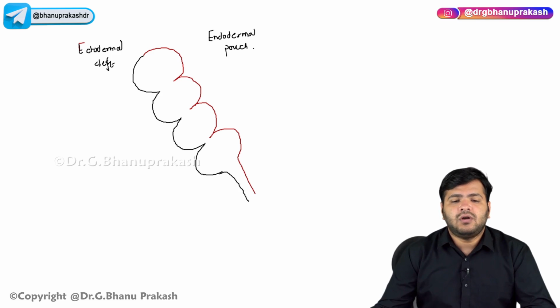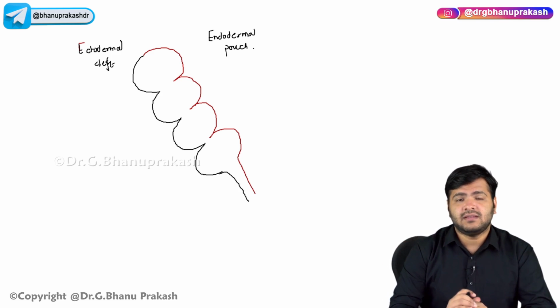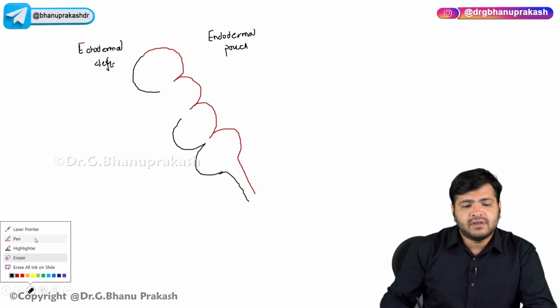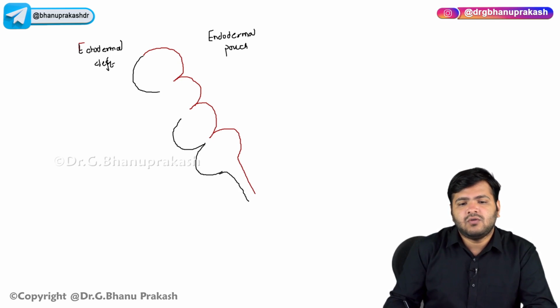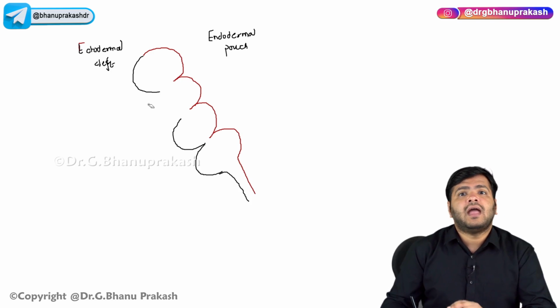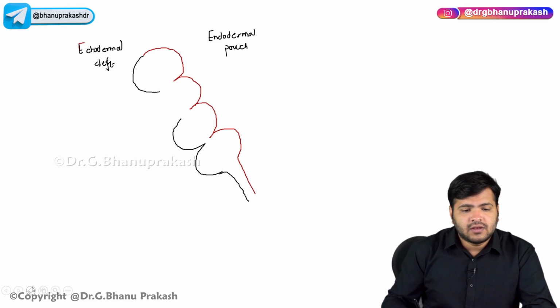Now, what will happen? The mesoderm which is present in the second pharyngeal arch, what will happen? It will overgrow, and it will push the ectoderm outside.